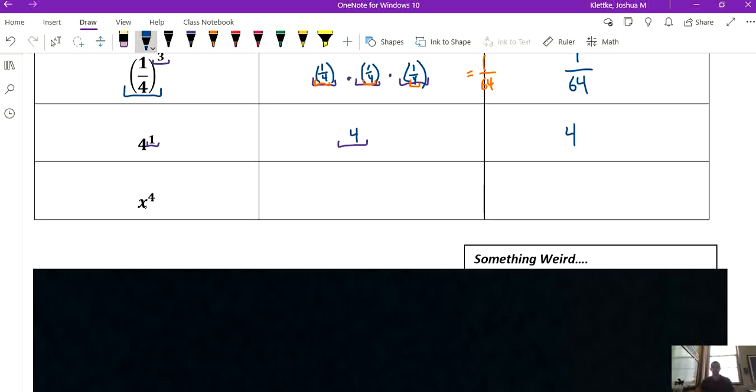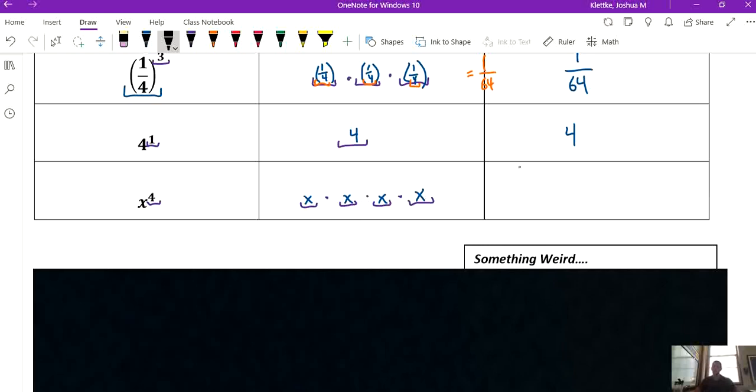X to the fourth, this is the first time we see a variable. X to the fourth, I put, because the power is 4 spots, multiplication between them, x times x times x times x. That's the expanded form. For evaluated form, I need to know what the actual number is.